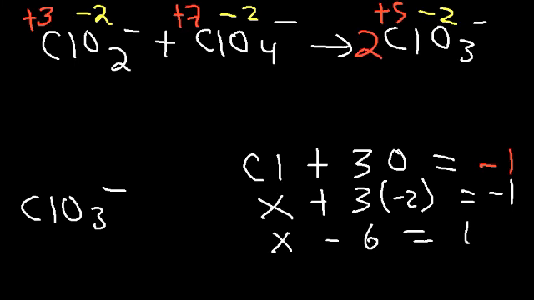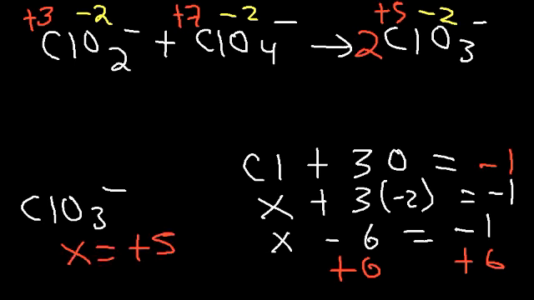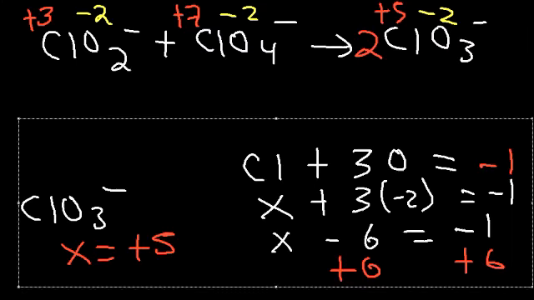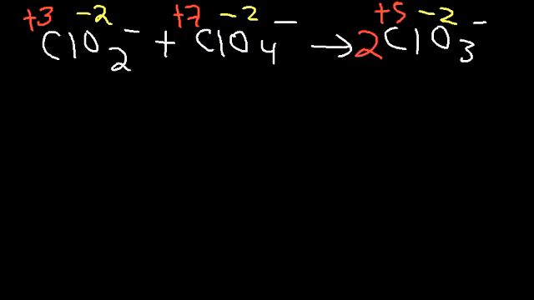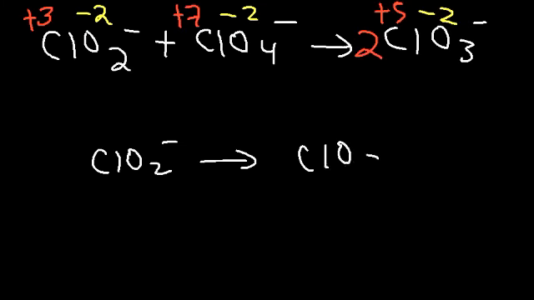And if we add 6 to both sides, we can see that -1 plus 6 is +5. So that's the oxidation state of chlorine in chlorate. So now, there's 2 chlorate ions on the right side. So one of the chlorite ions turns into chlorate, and the other perchlorate ion turns also into chlorate.